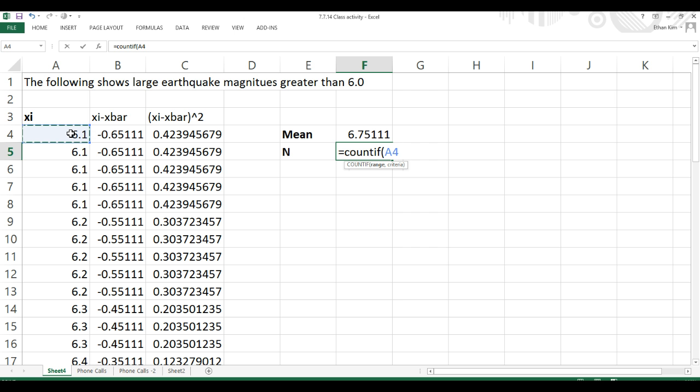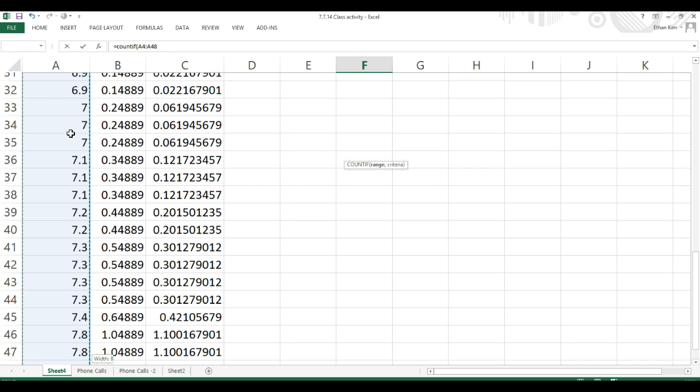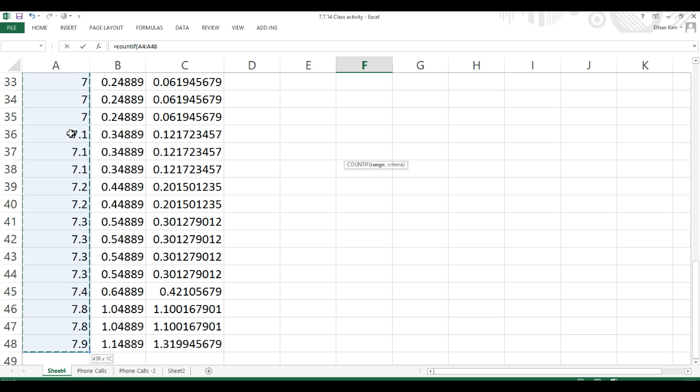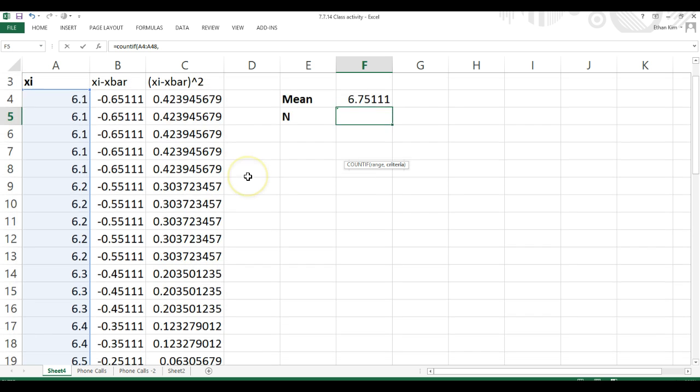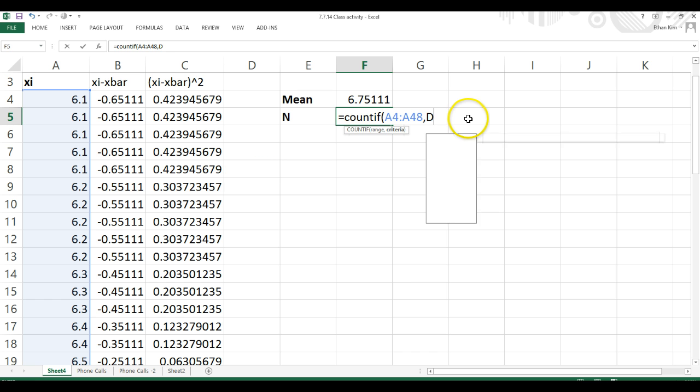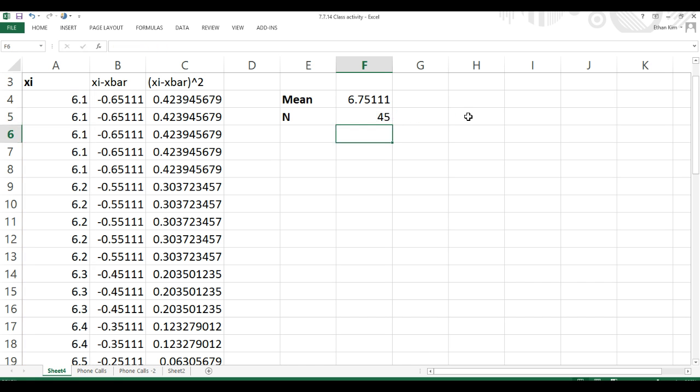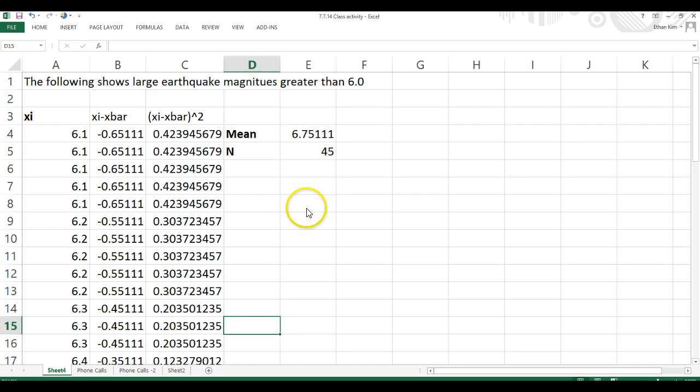COUNTIF. There are a lot of ways of doing it. So if you have your own way, you can do that. But select the range first and say, if it's greater than 0, then count. Right? That applies here. So n equals 45. It counted all the values.